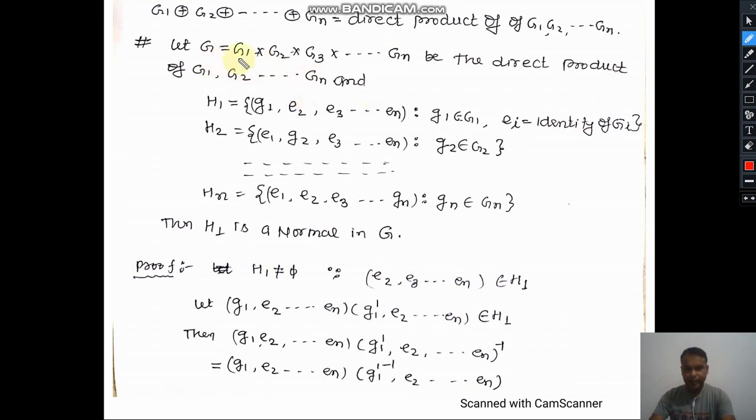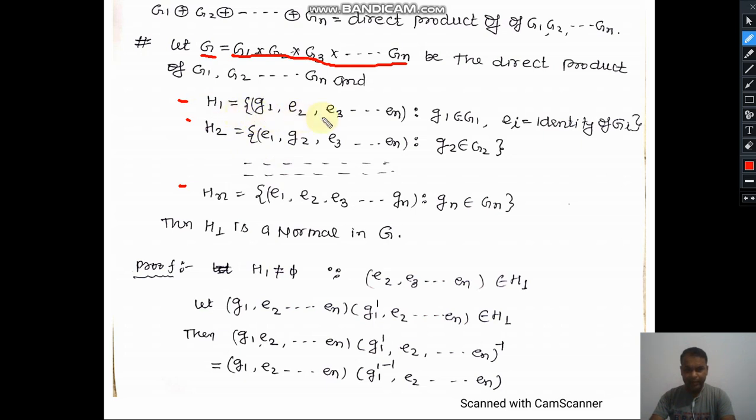In this theorem, it is stated that G is the direct product or external direct product of these n groups, and H1, H2, H3 are some subsets.